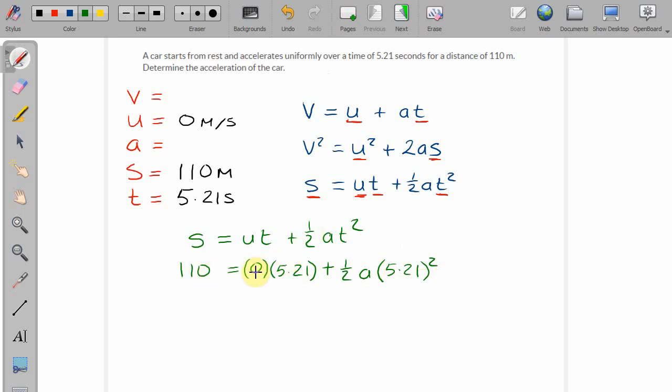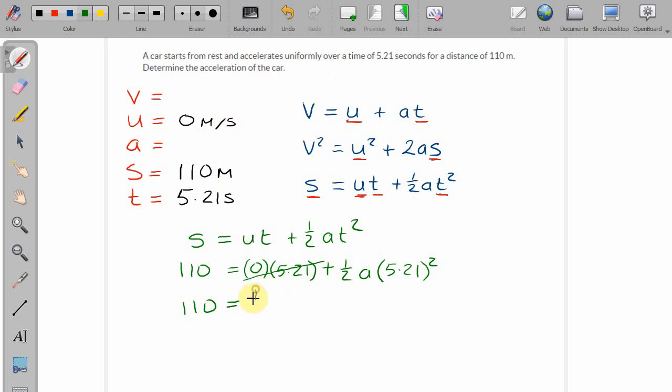Right, 110 here is fine. Over here we've got 0 by 5.21, so that's going to go. Our next line is 110 is equal to, and we have to square this 5.21 term. Squared is going to be 27.14.